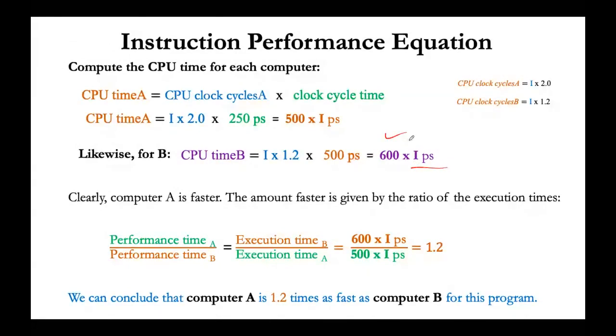For A it is 600 clock cycle time multiplied by the number of instructions, and 500 clock cycle time multiplied by the number of instructions for B. That gives the execution time of A and the execution time of B.